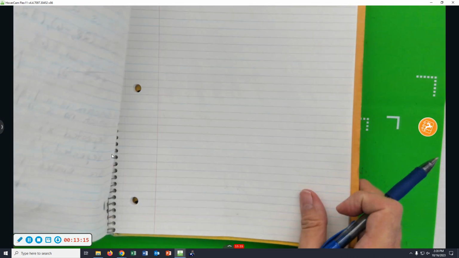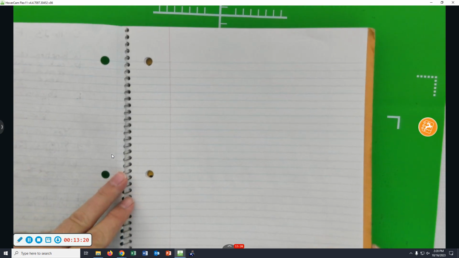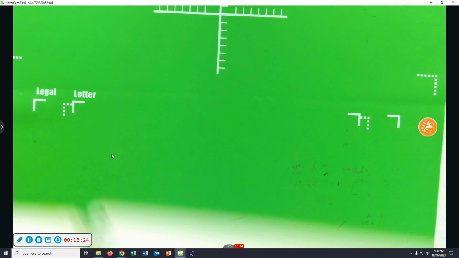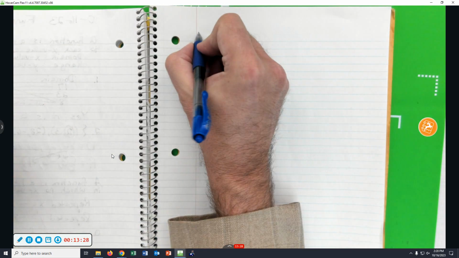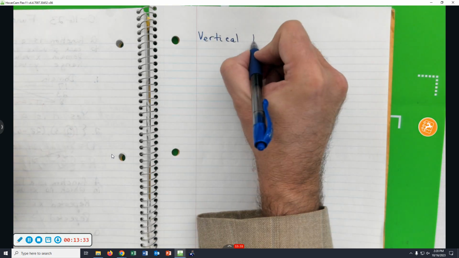In general, there's something called the vertical line test. This is how you can look at a graph and decide if it's a function.